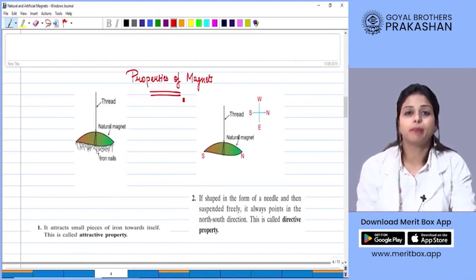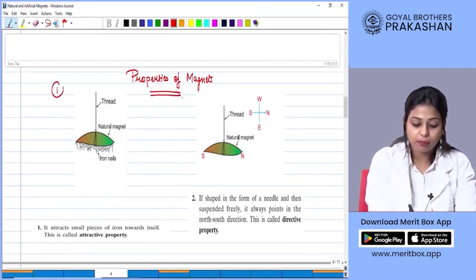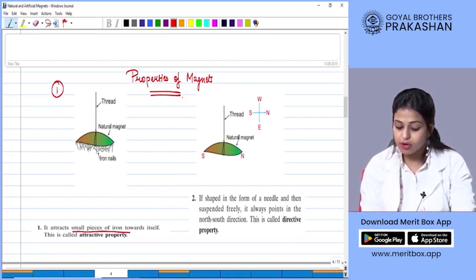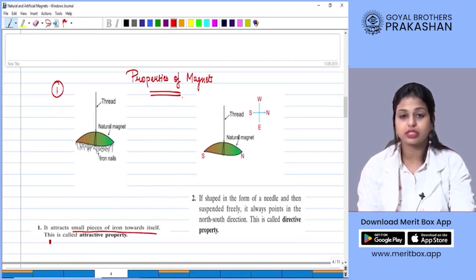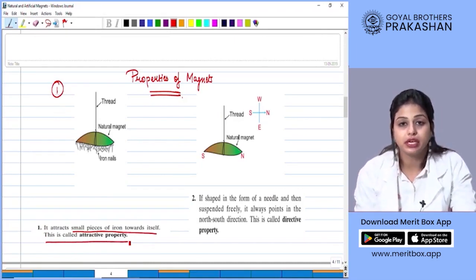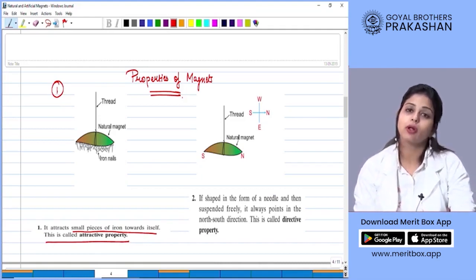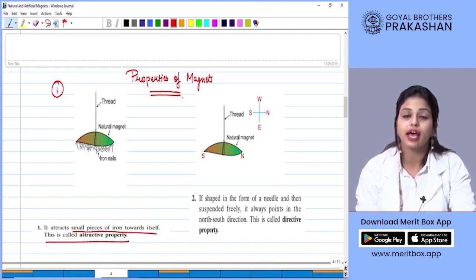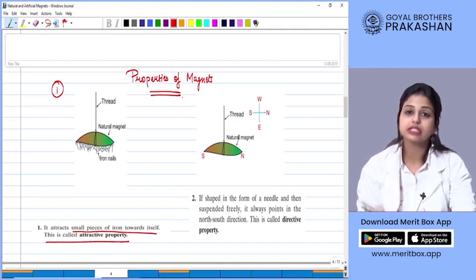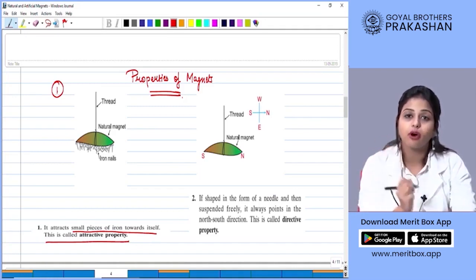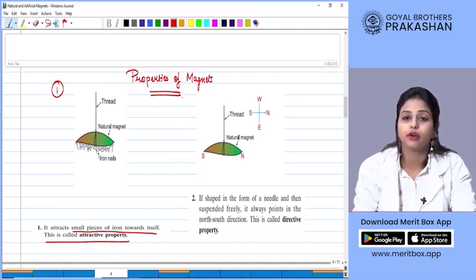Properties of magnets. The first property of a magnet is that it attracts small pieces of iron towards itself. This property is called the attractive property. Now, students, we already defined magnets as those materials that can attract iron pieces. This is also the defining property for any object to qualify as a magnet.